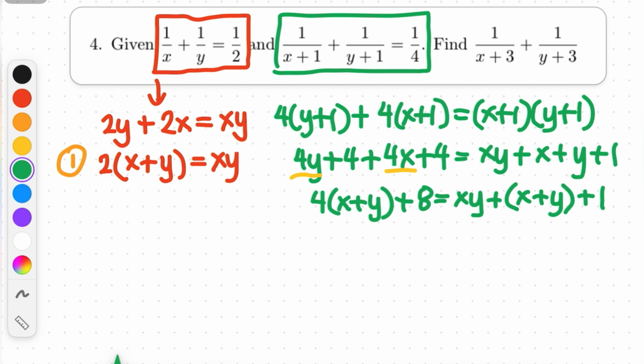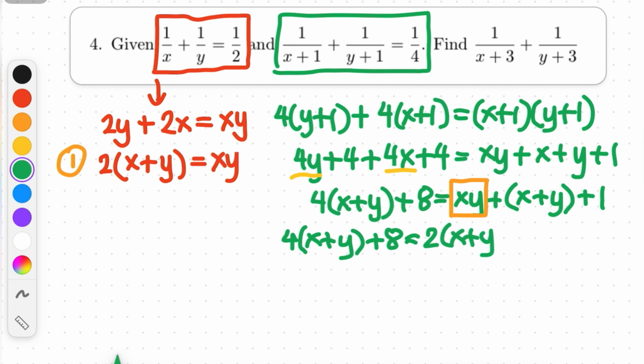Okay? So let's see what happens now. We can replace xy here in the result of our second equation, so that we have 4 times x plus y plus 8 equals 2 times x plus y plus x plus y plus 1.